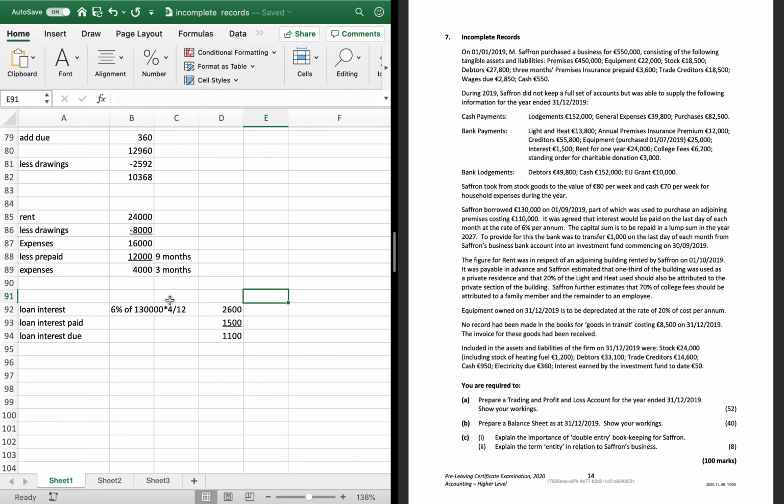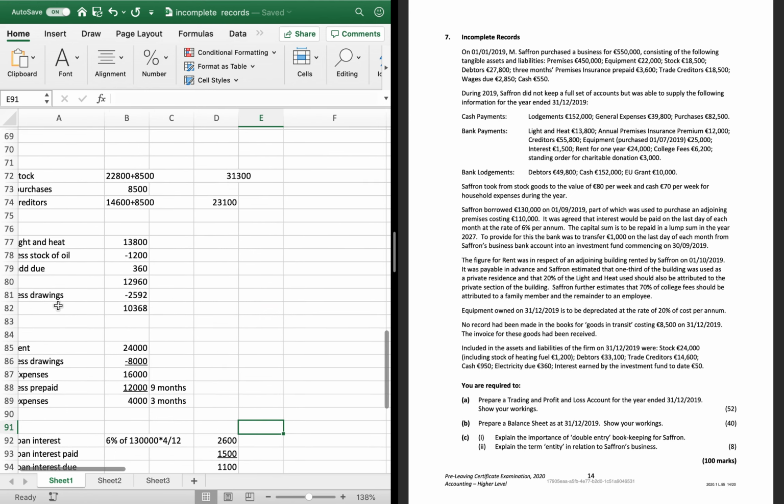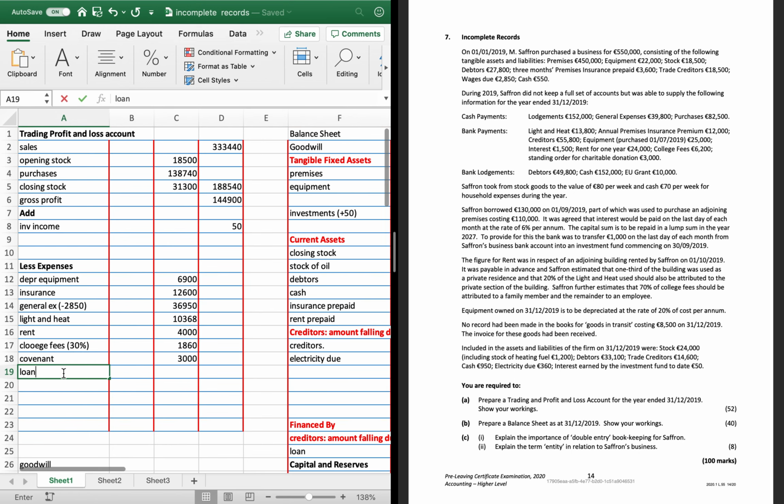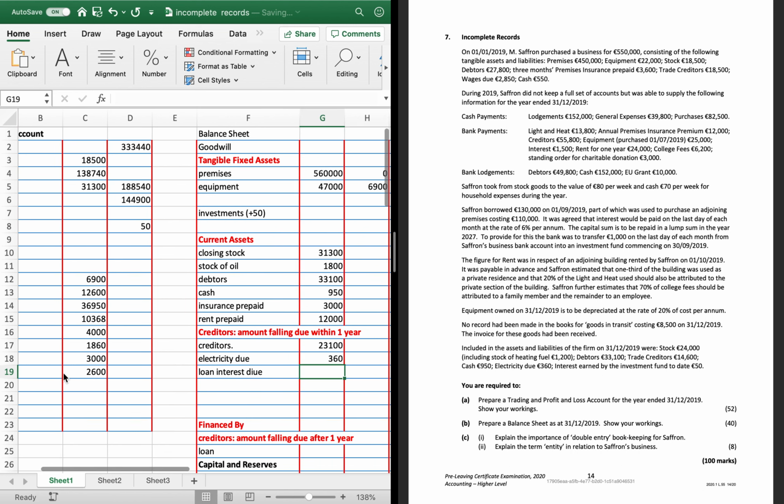So the 2,600 can go in as your expense, and the 1,100 into your loan interest due. So that's all that done with.